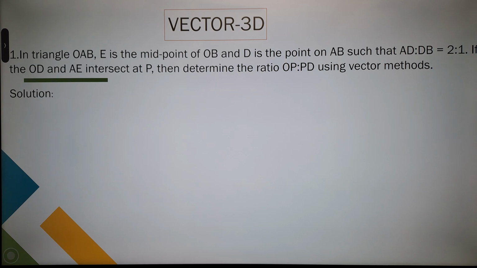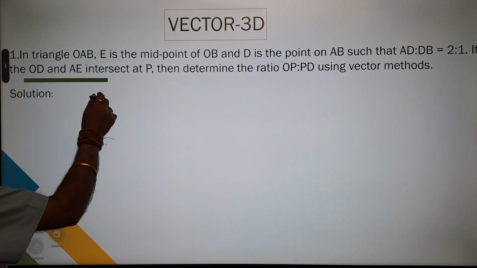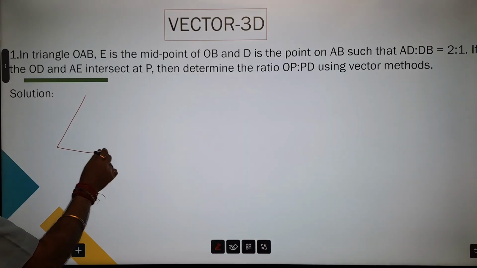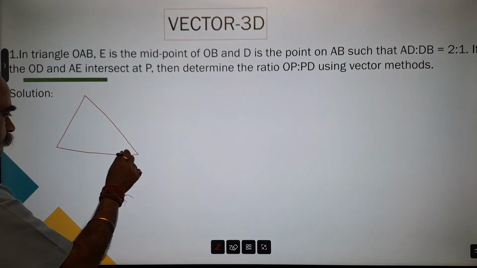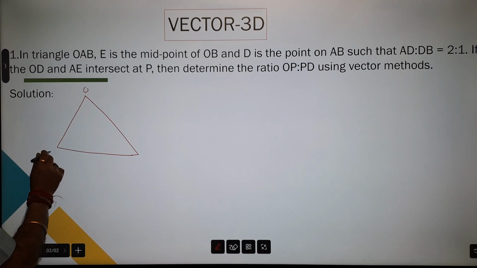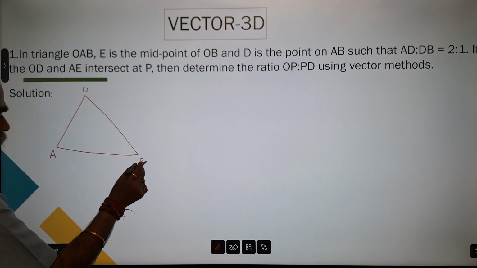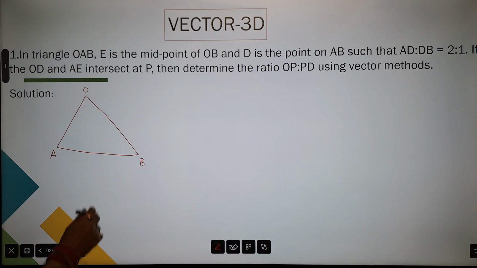So the first problem is: in triangle OAB, this is triangle OAB. E is the midpoint of OB.